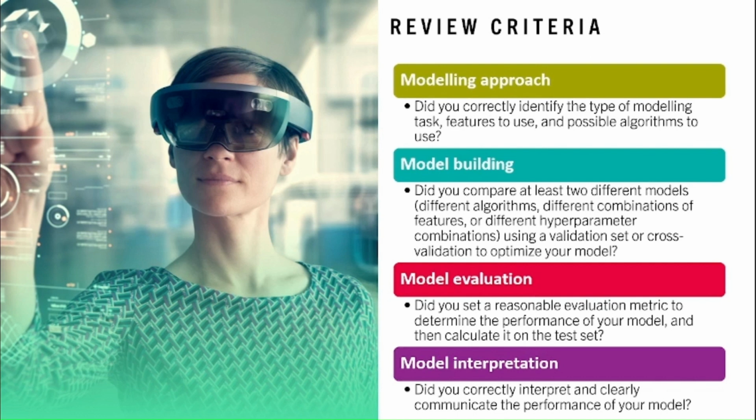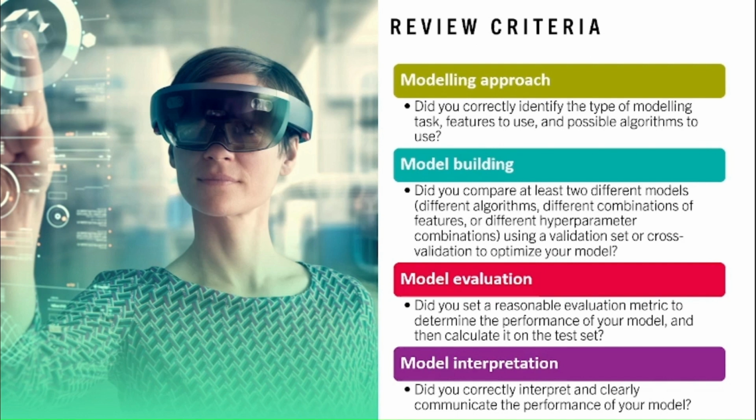First, we will begin with the modeling approach. Here, we will see whether I was able to correctly identify the modeling task, feature to use, and possible algorithm. From there on, we will move to model building. Here, I will try to provide a couple of algorithms and their combination, maybe use hyperparameters, and see if we are able to validate the model.